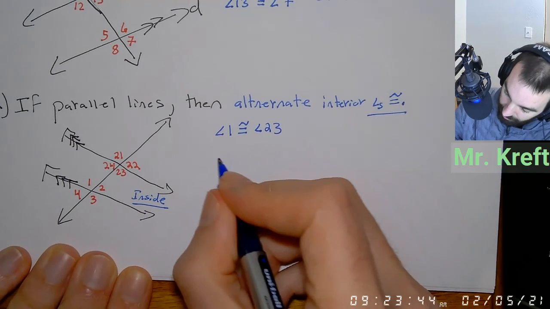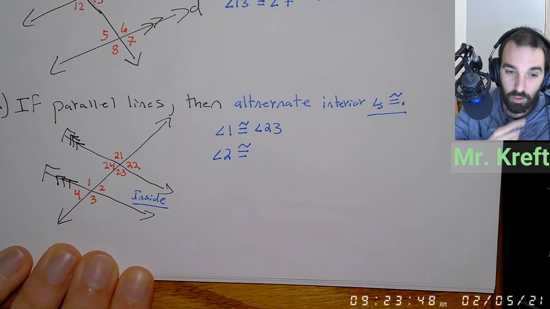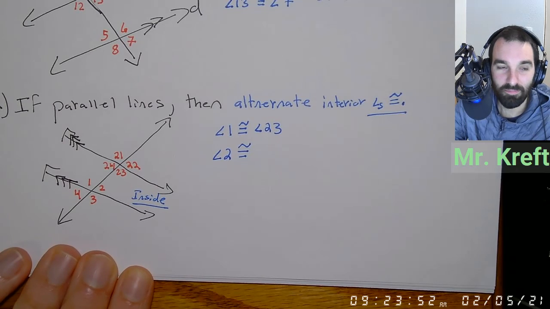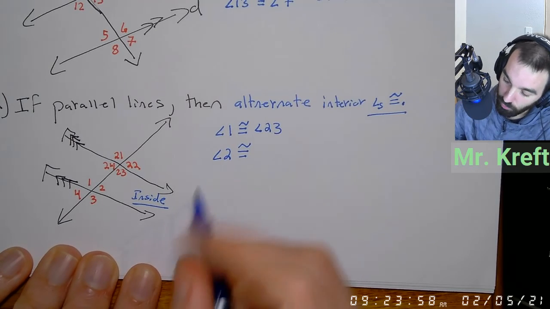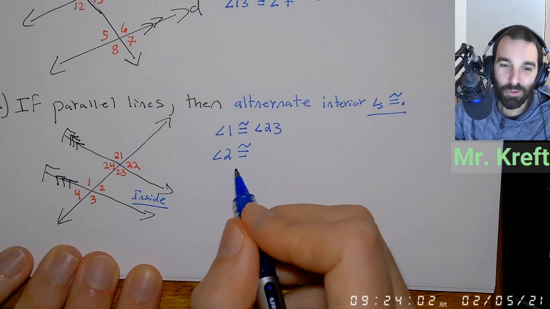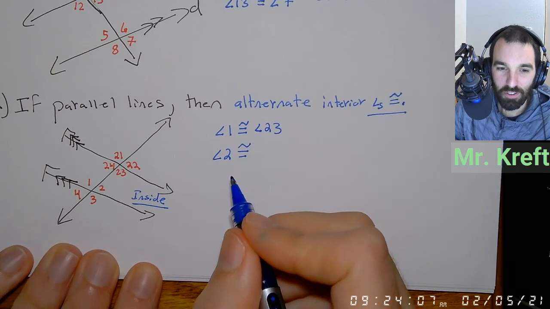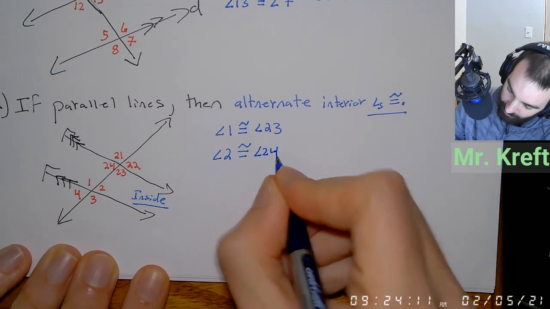Now my other pair of alternate interior is going to be angle 2 and angle what? Right, so I'm going to have angle 2 is congruent to, ooh, I like the use of that. It's not quite the angle symbol, but it's pretty close. I like that. Right, it's going to be angle 24.